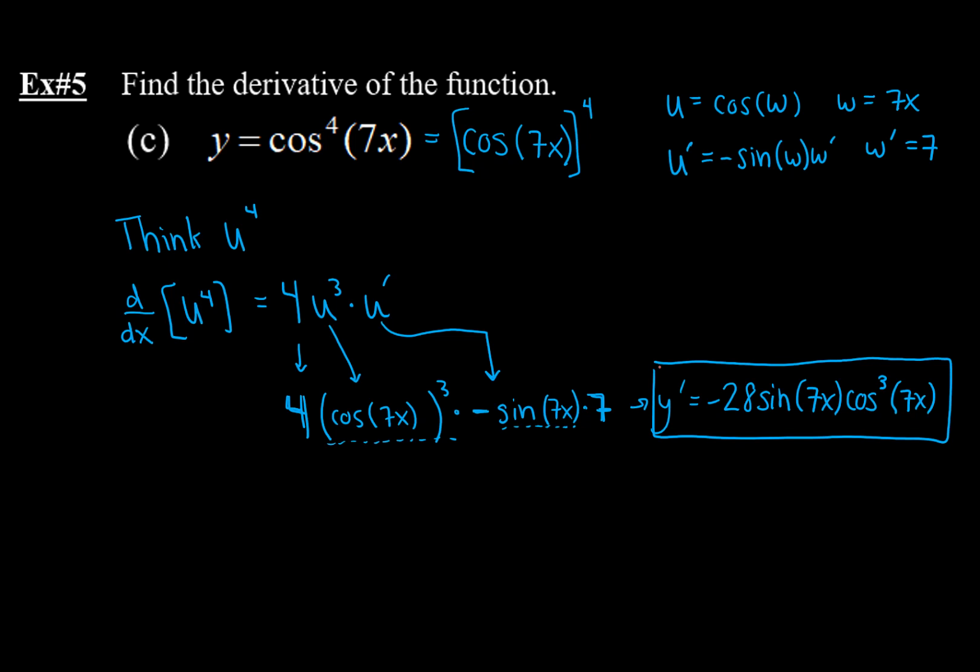Remember from previously, if I have a trig function to a power, it goes between the trig function and the argument, or we write it in parentheses. Those are the two ways.